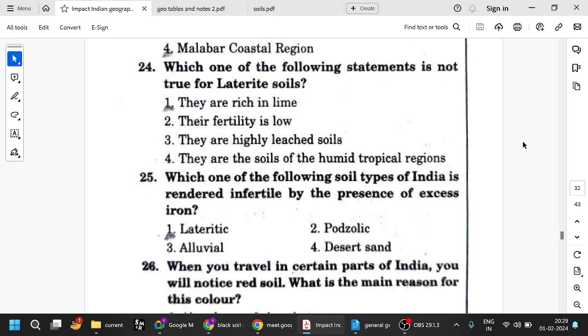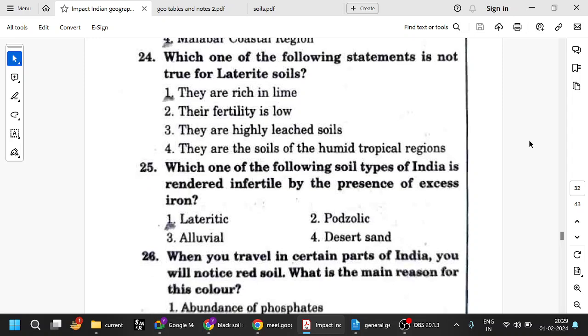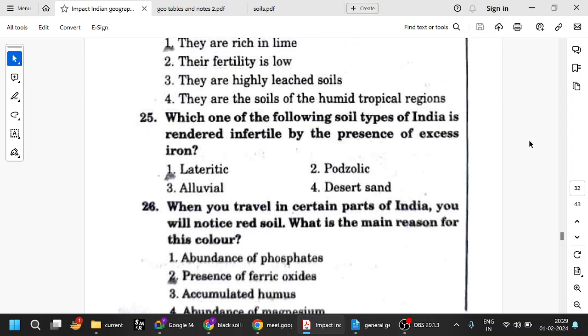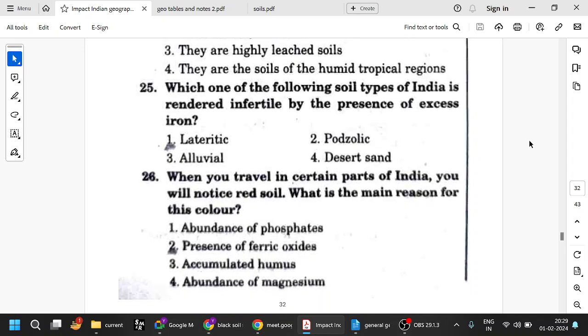So you can immediately say laterite soil is poor in lime. It is rich in aluminum and iron only. Okay, it is rich in aluminum and iron.